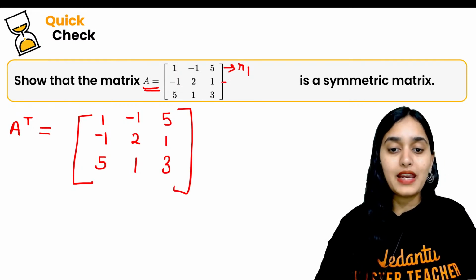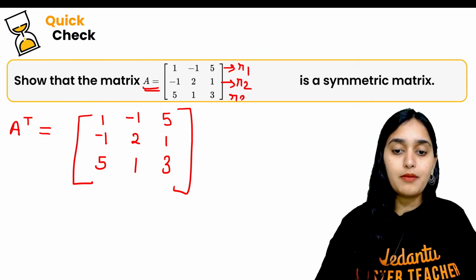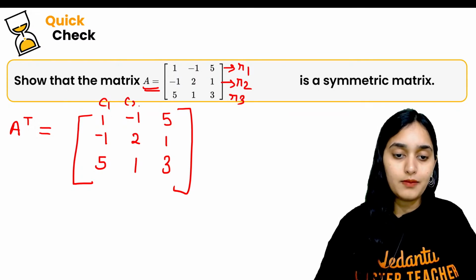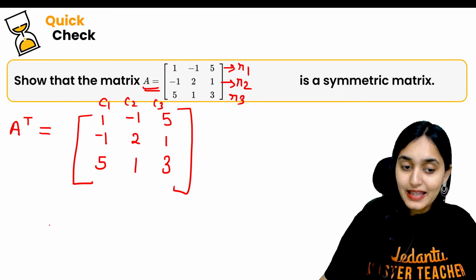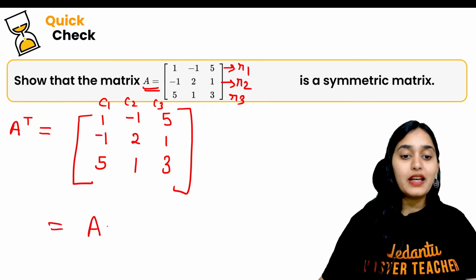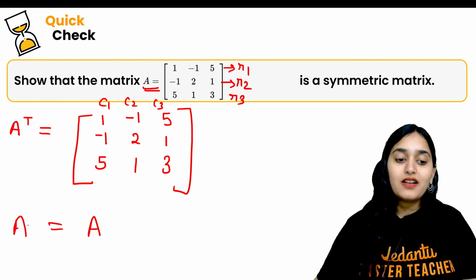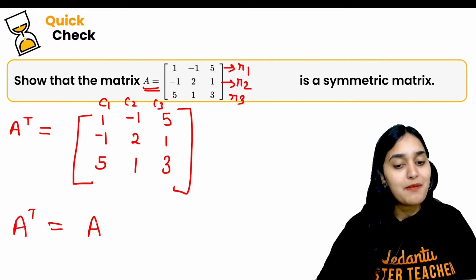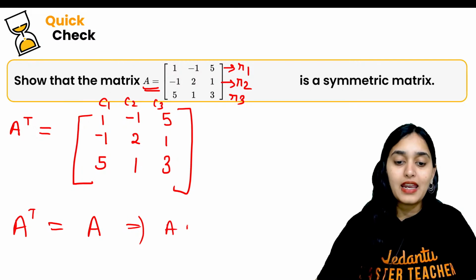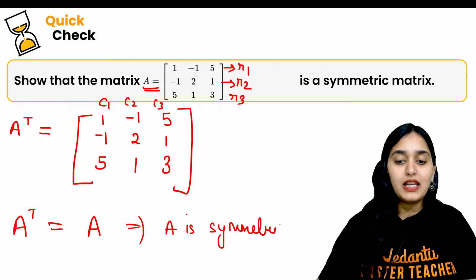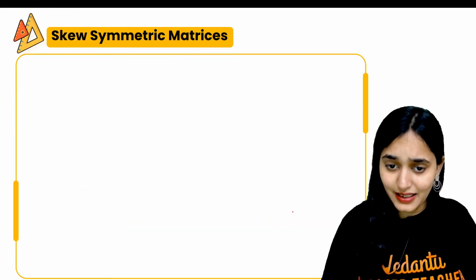When I make row 2 and row 3 into column 2 and column 3, I see that this is absolutely equal to the A matrix. So A transpose is equal to A matrix. This implies that A is symmetric. Clear to everybody?